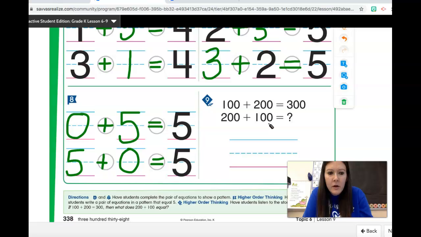Do you know it already? Are you shouting it out? Let me say it again. 100 plus 200 equals 300. So what is 200 plus 100? Did you get it? If you said 300, you are correct. Great job.